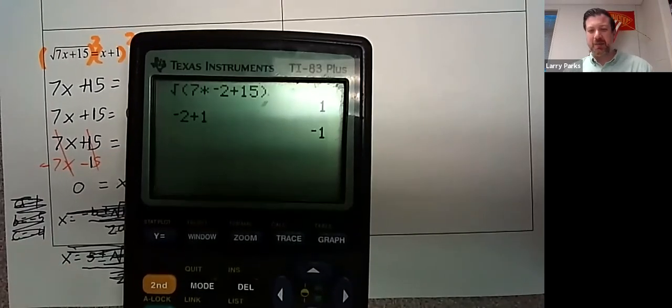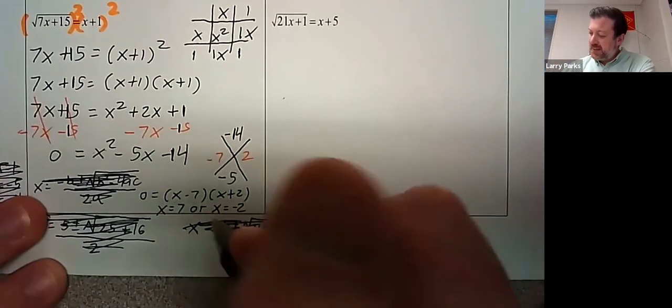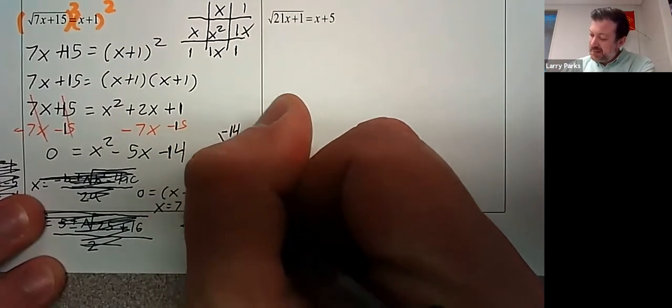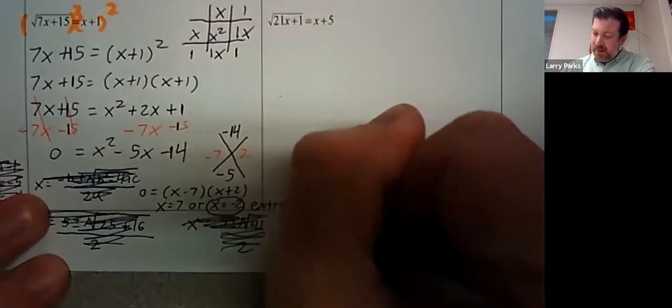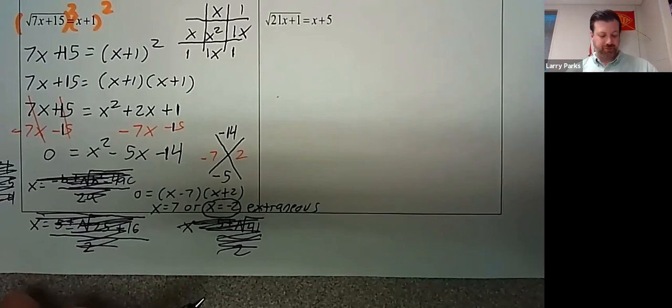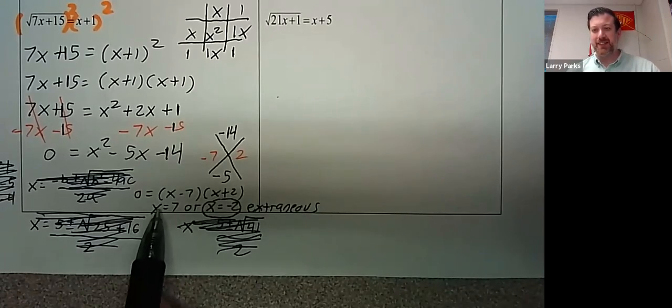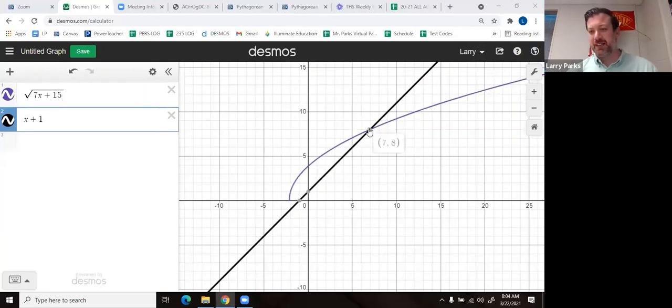Those are not the same thing. So negative 2 is extraneous. So I need to say that this is extraneous. So the only solution is 7. And we had that when we were looking at here, we saw that the solution was at 7. Okay.